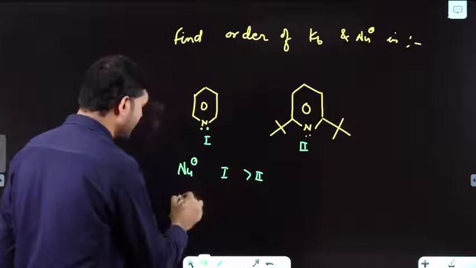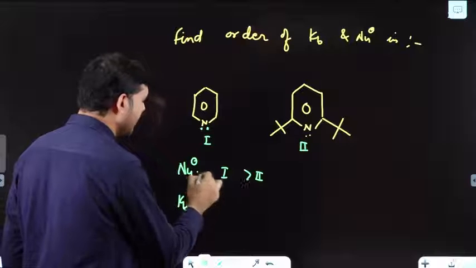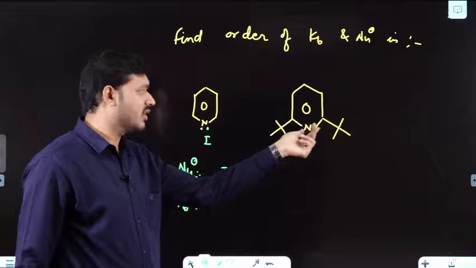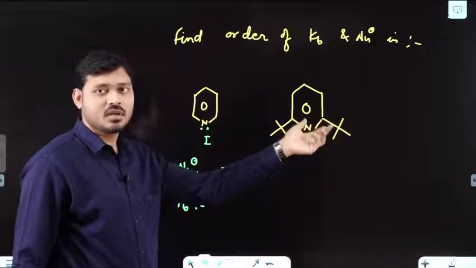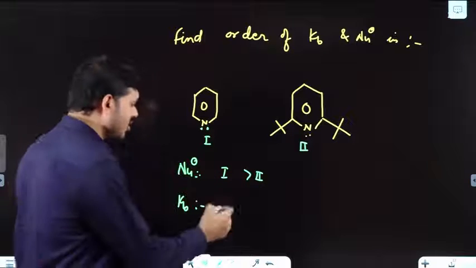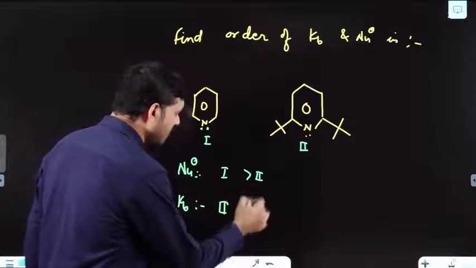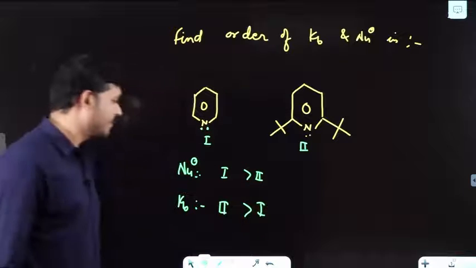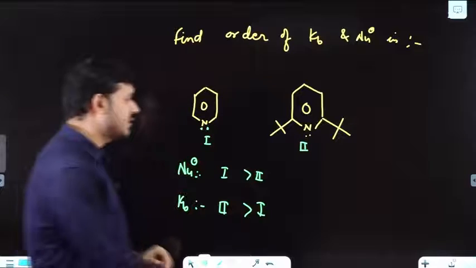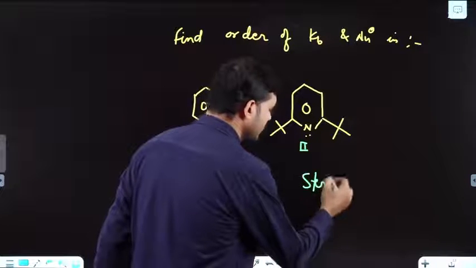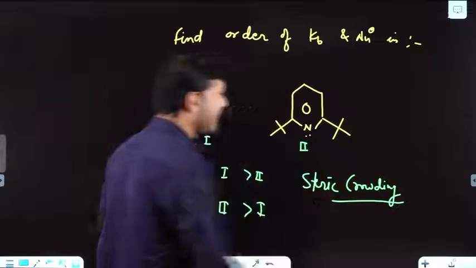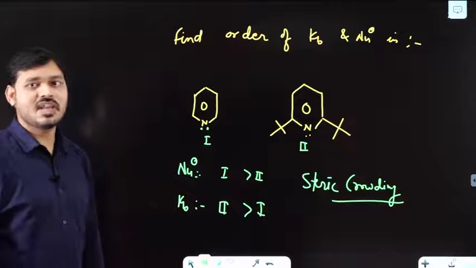But for Kb, basicity, due to these three methyls the electron density will also be increased, because it just has to attach to H plus. So Kb will be second greater than first, but nucleophilicity will be first greater than second. The reason is steric crowding.